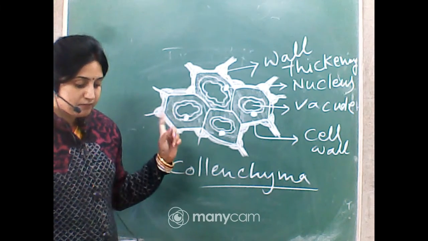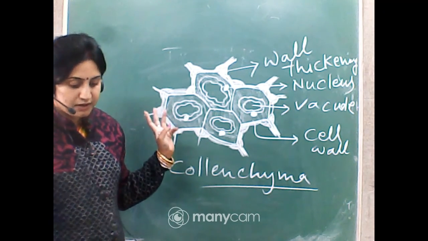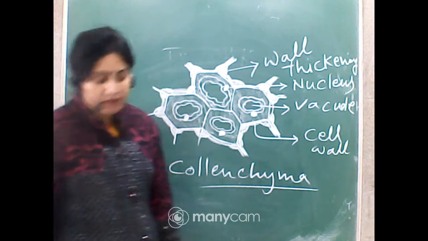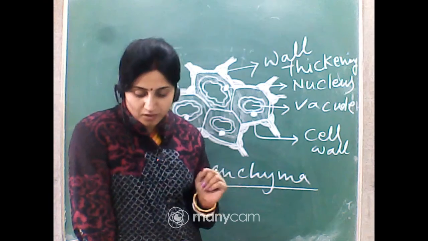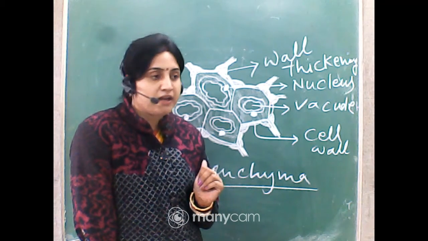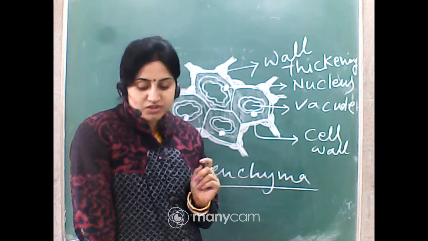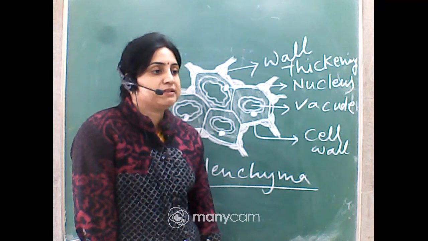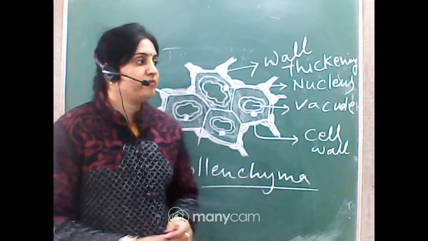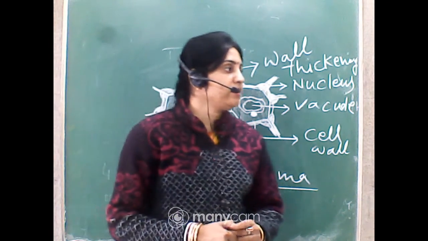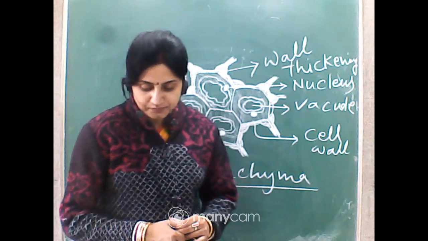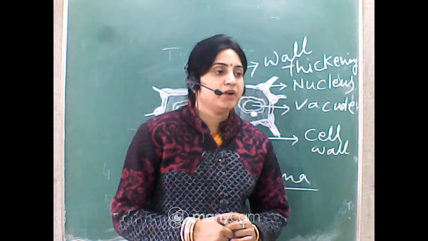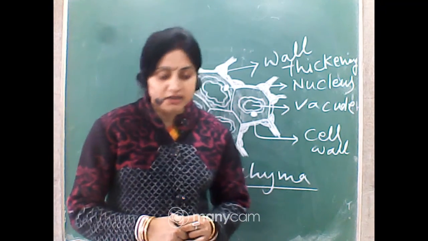So parenchyma, collenchyma, sclerenchyma, these three plant tissues. Sclerenchyma, number 1 point: sclerenchyma is a type of ground tissue or fundamental tissue in plants.